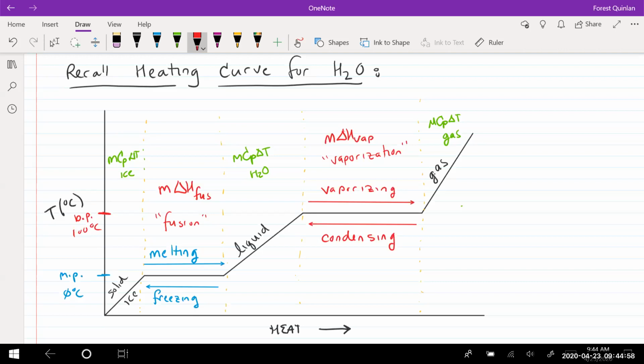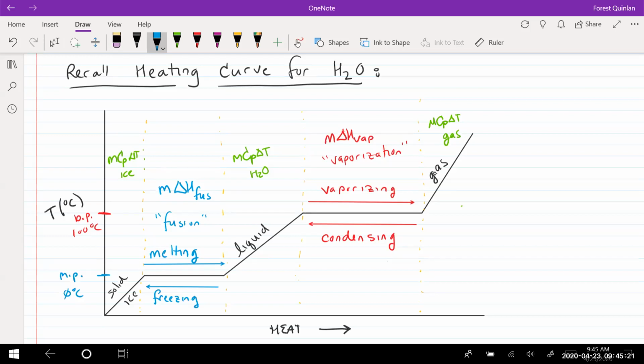Now, here's where these come into play. And I just want to point out that in this, these values change depending upon your system. So those values or those numbers would have to be given to you. Do note that the mass or the amount of material you have, the more you have, the more energy it's going to take to melt or vaporize, etc.